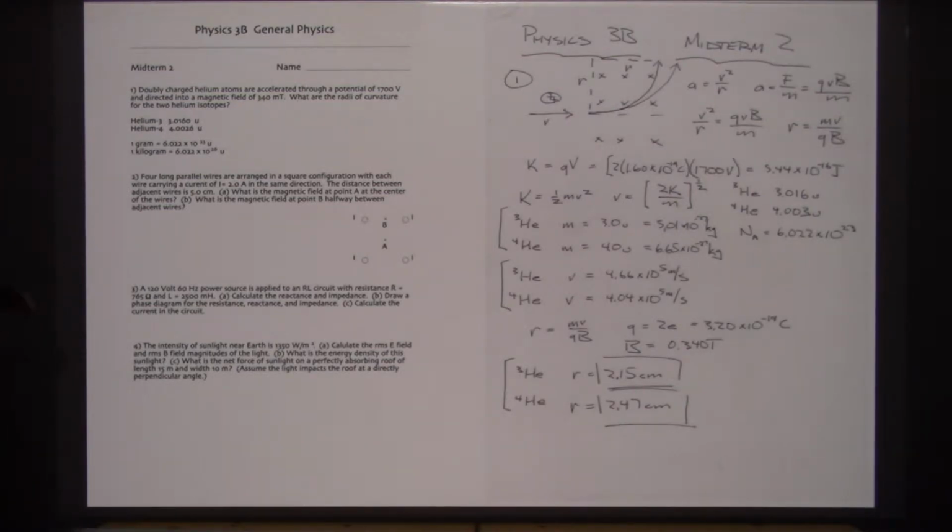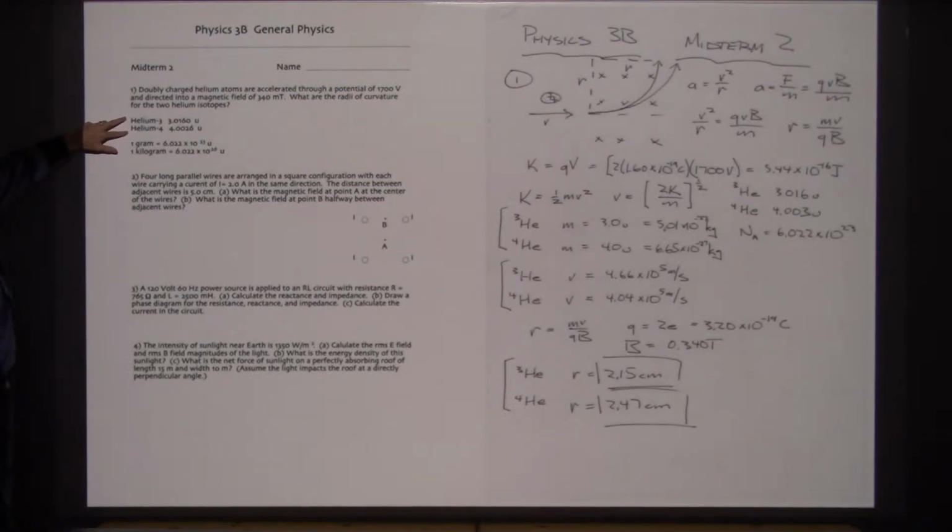But I did look up and write down the masses for these isotopes just to start getting some familiarity with that, because later in the course we're going to be looking more and more at nuclear physics, and we're going to be looking at different isotopes, and we're going to need to be thinking in terms of individual masses, and we need to do that here also. So the masses here are going to make a difference.